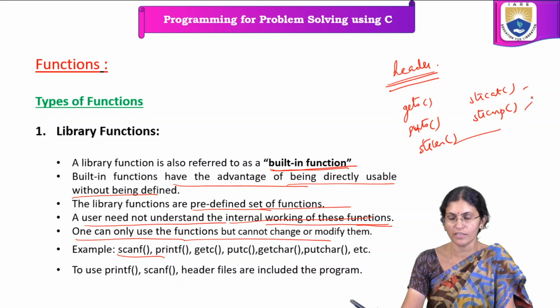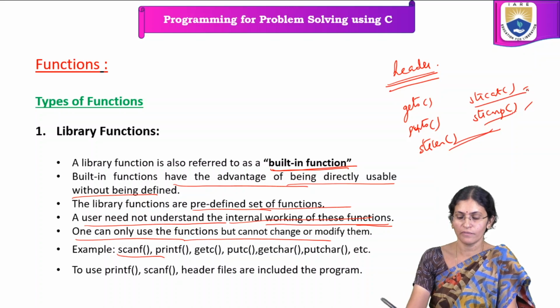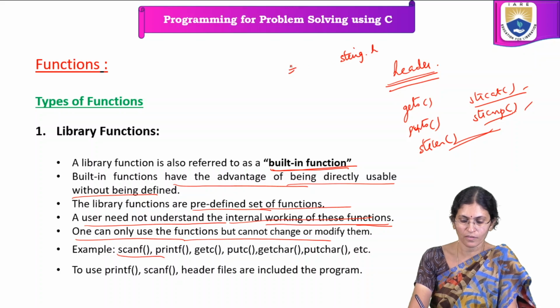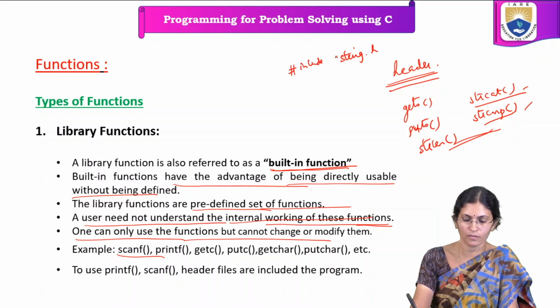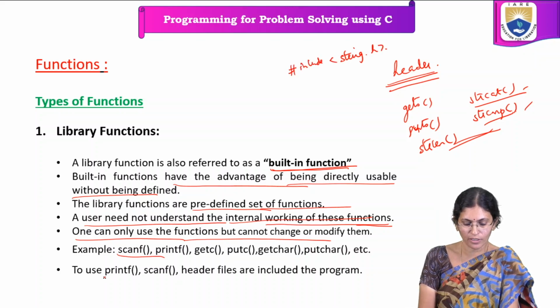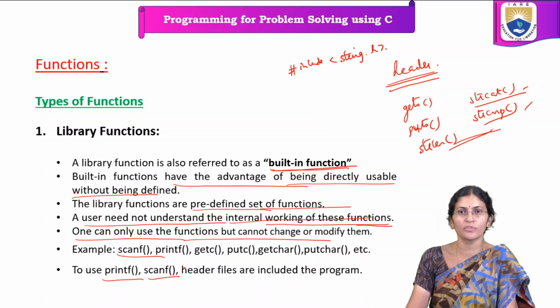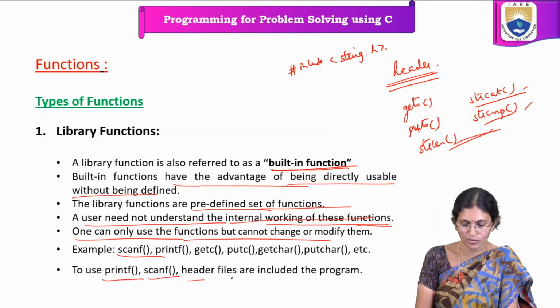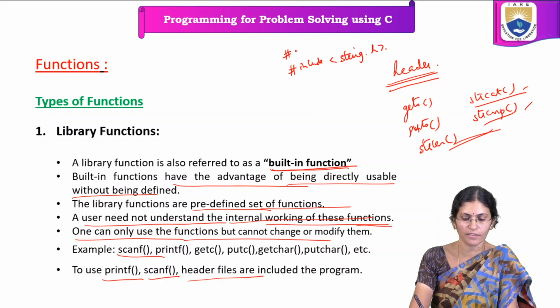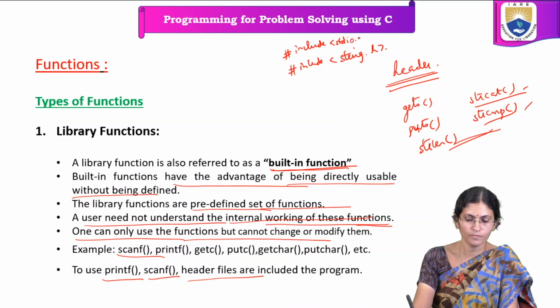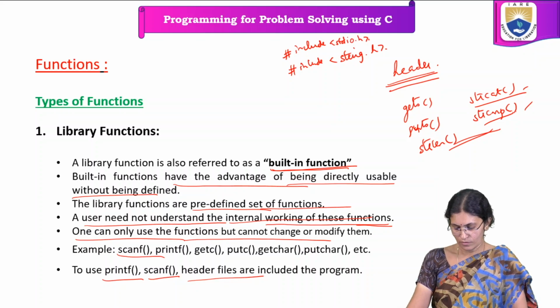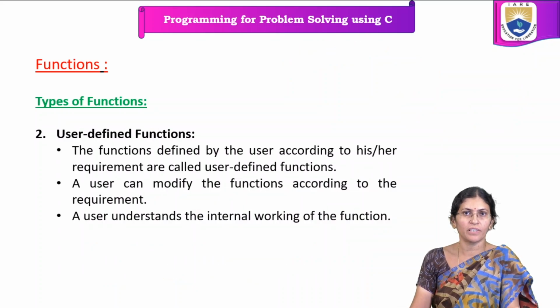These are defined in the string.h header file, so in order to make use of these functions, we need to include string.h. And in order to use the functions printf, scanf, we need to include the header file stdio.h. So this is all about library functions.